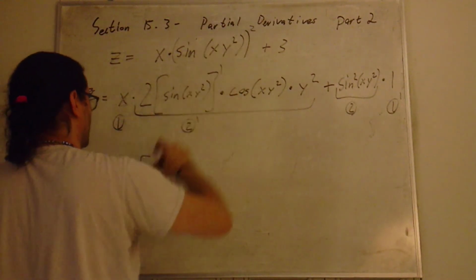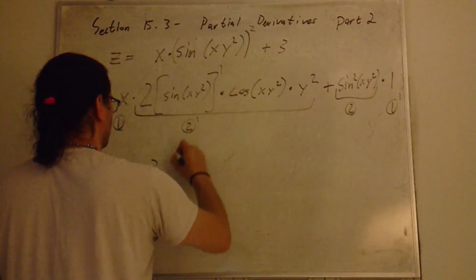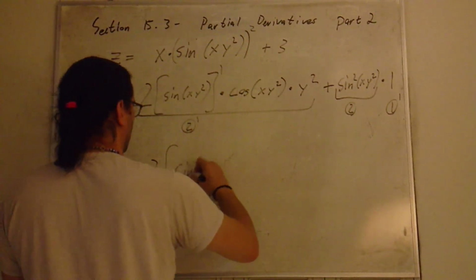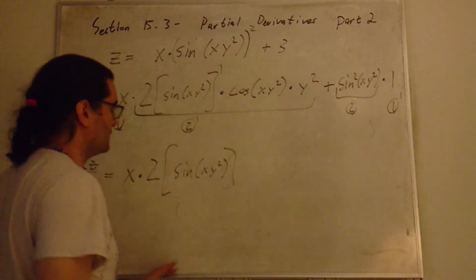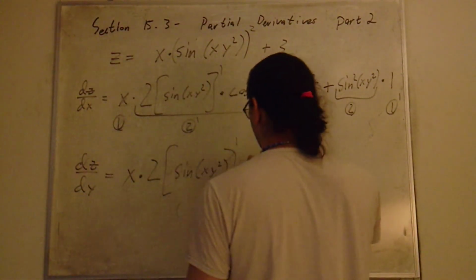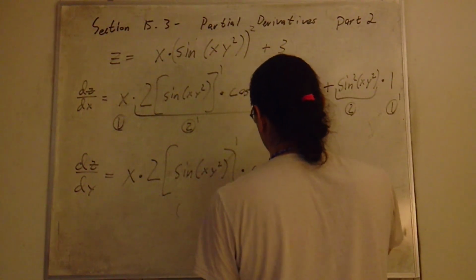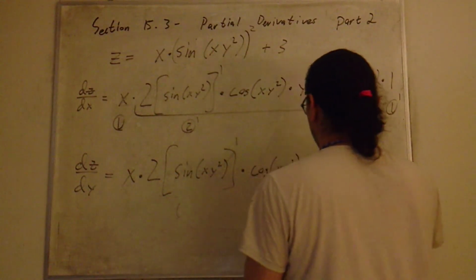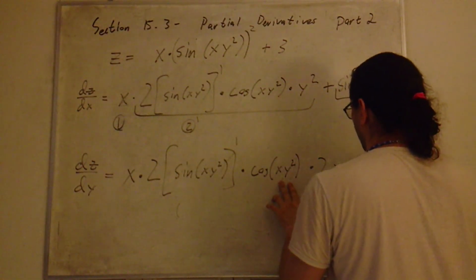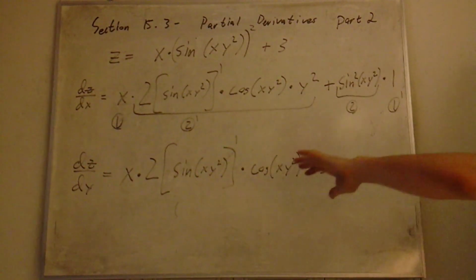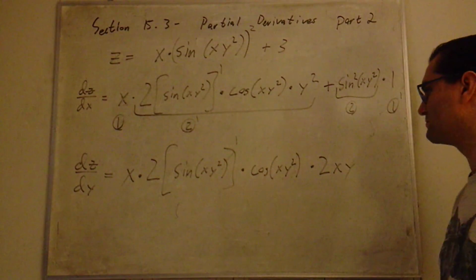Derivative of something squared is 2 of those things to the first. Derivative of sine of something is cosine of that thing. Derivative of the inside of this now should be 2xy. And then I'm done. No product rule.